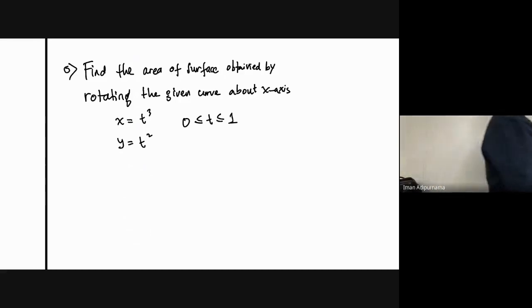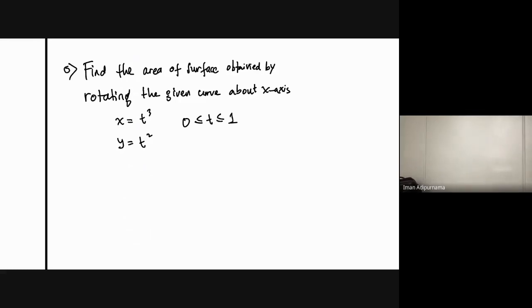I think what you need to do is just use the previous formula. I need to remind you on how to integrate the arc length, the surface area. So basically, you just use the previous formula, and then calculate using the integrations.